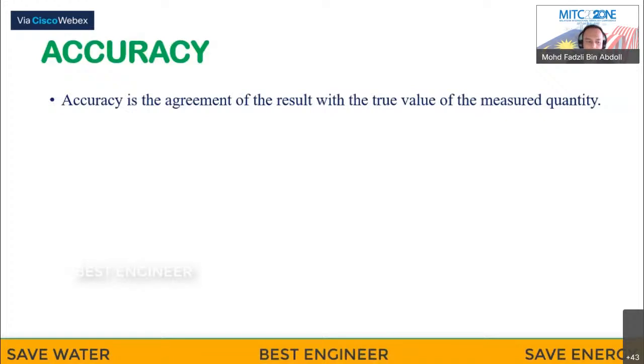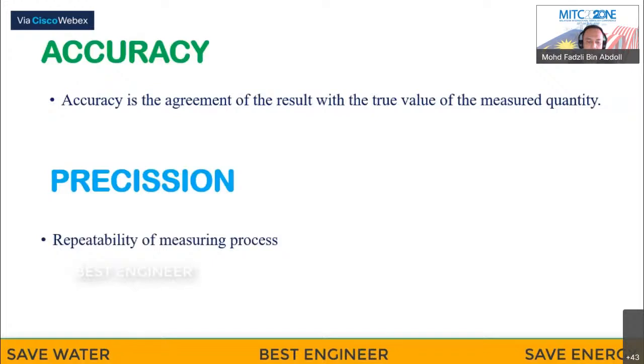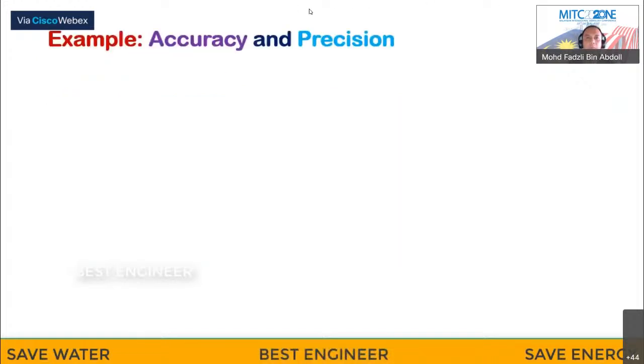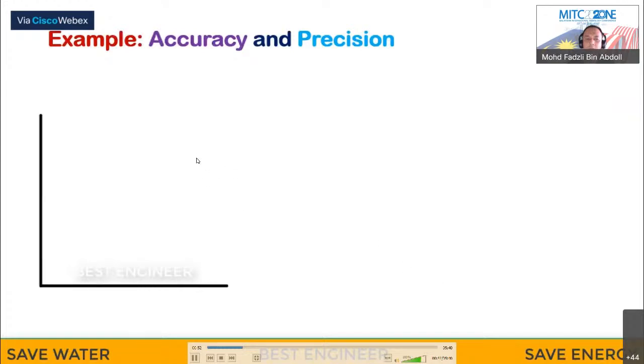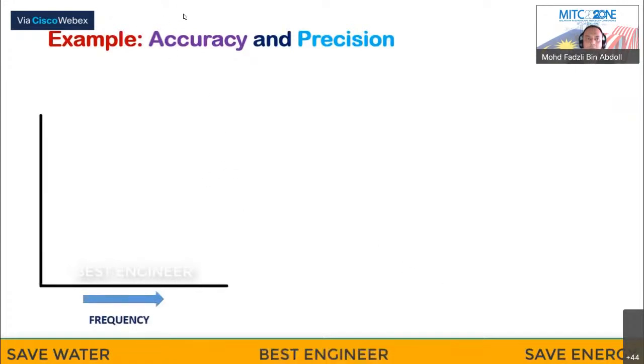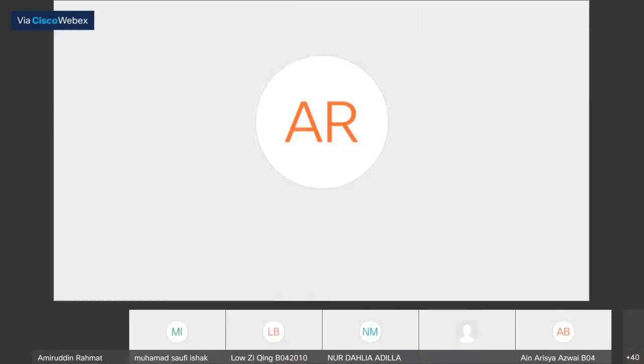From this accuracy, we can know how the value is deviate from the true value. Precision, repeatability of measuring process. How far the different kind of measuring process gives the same value, that is precision. The distinction between accuracy and precision will become more clear from the following example. Suppose in a graph I am taking the frequency in x-axis.